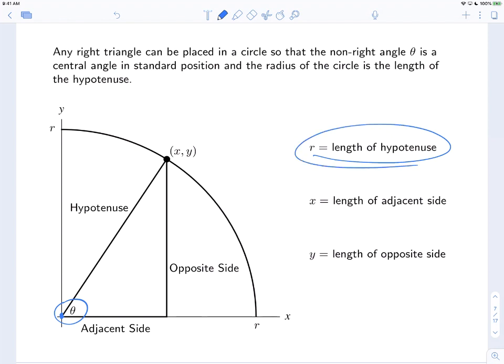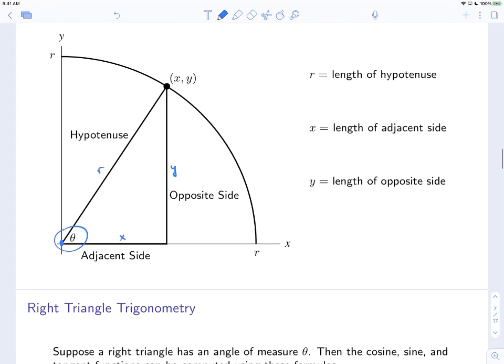This can always be done for any right triangle. So in this case, r will be the length of the hypotenuse, and x will be the length of the adjacent side, and y will be the length of the opposite side, like so.